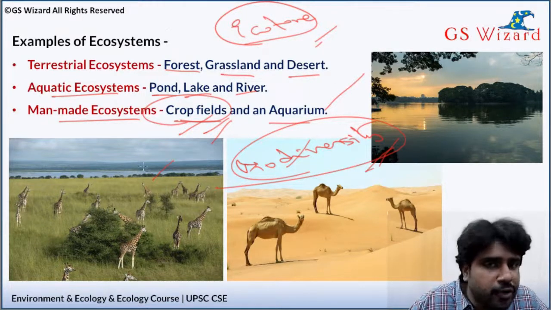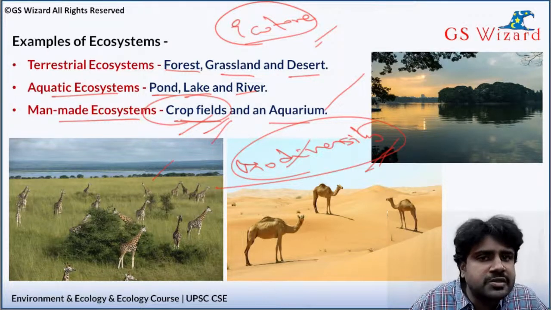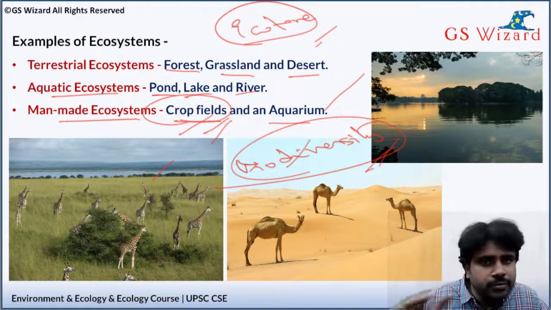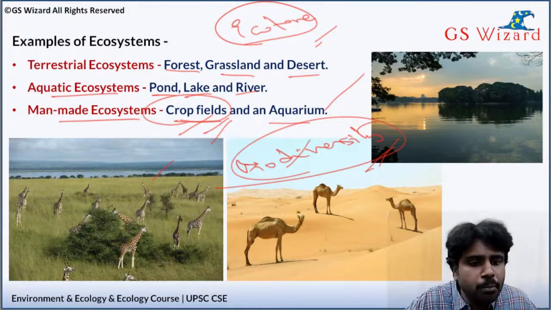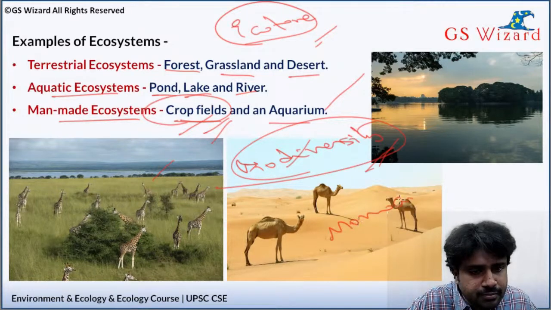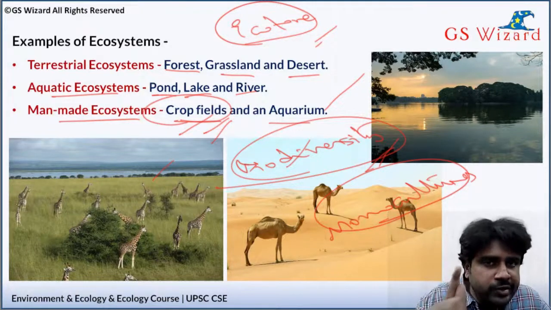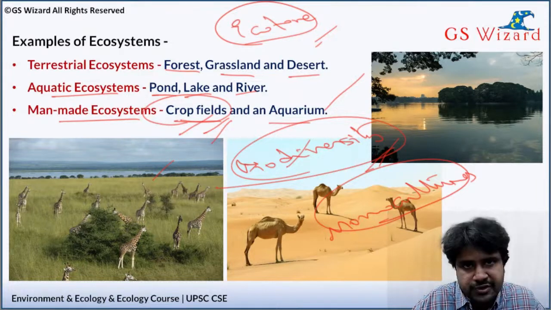But if you go to a forest, in a small area, there are so many varieties of plants. Okay. But if you go to paddy field or wheat field or whatever it is, they are called monocultures. What do you mean by monoculture? Over a large piece of land, only one organism is being cultivated or grown. That is the meaning of monoculture.